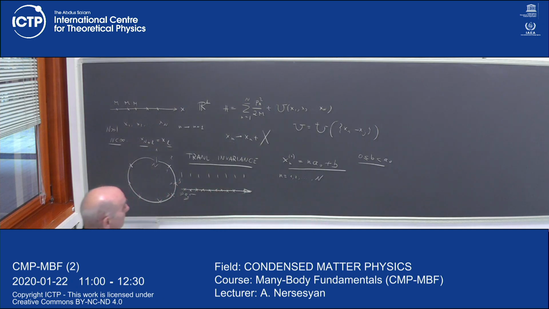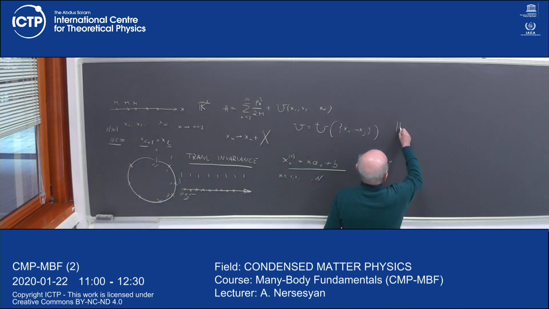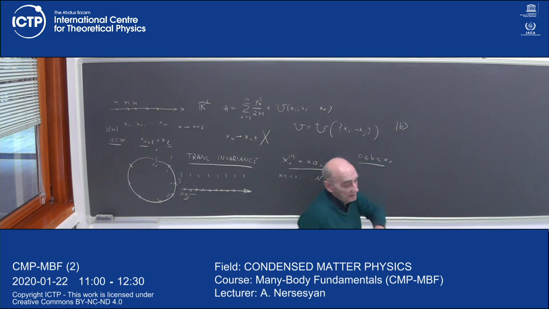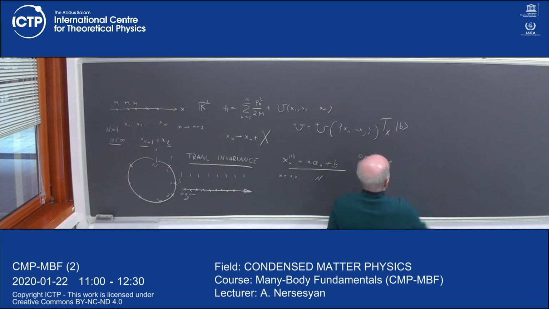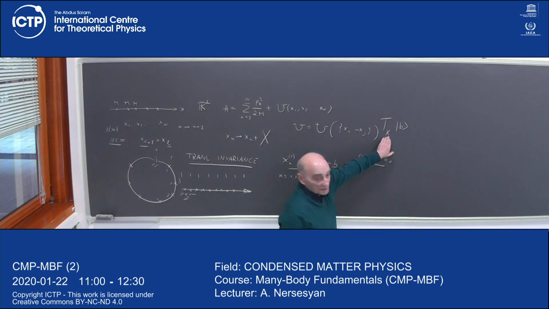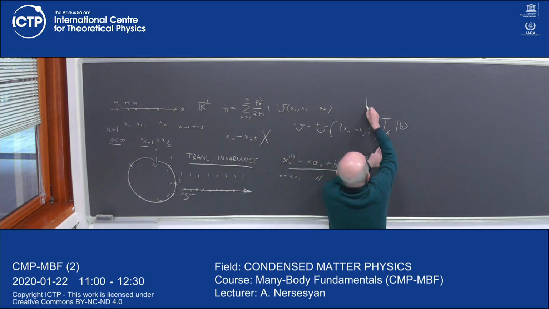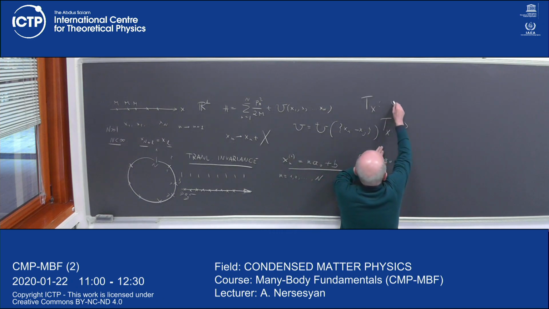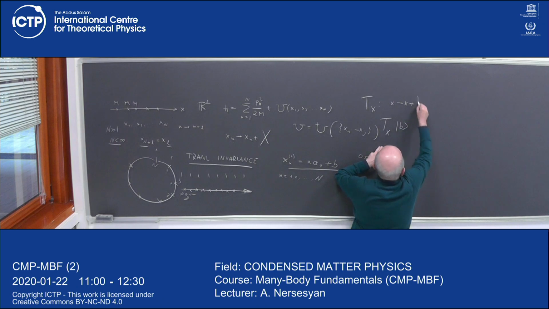So good. So by ground state, you can assume the quantum mechanical ground state, or you can assume a classical minimal energy state, whatever I can parameterize by B. And I know that if I shift this state by amount x, this is the abbreviation for the action, x goes to x large.